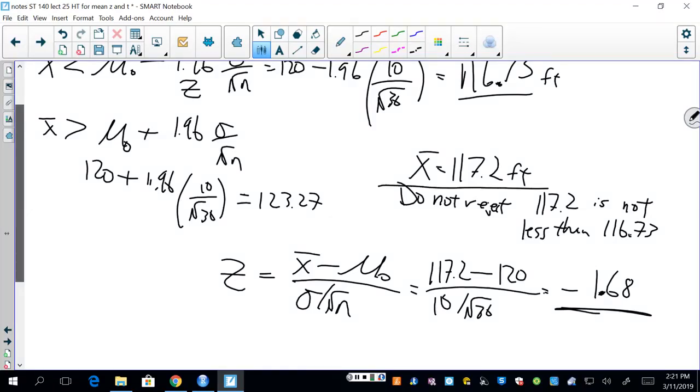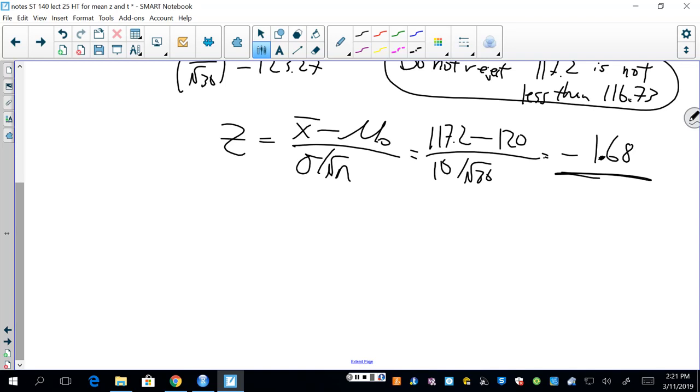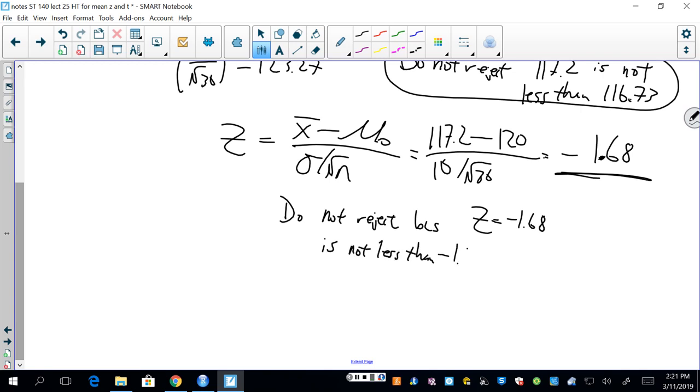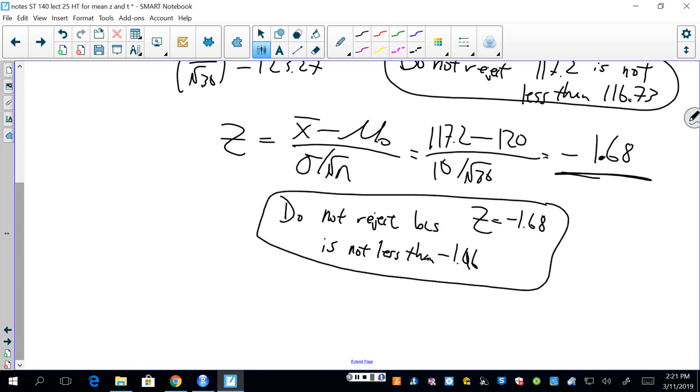That would be the conclusion just looking at the x bars and the rejection region. This one, do not reject, because our z value, negative 1.68, is not less than negative 1.96. And so that would be the conclusion that way.